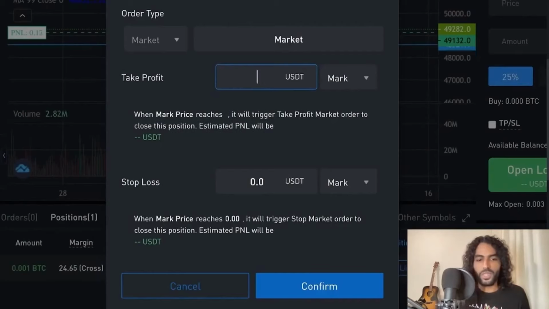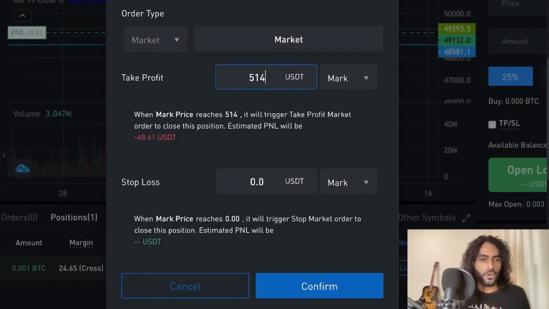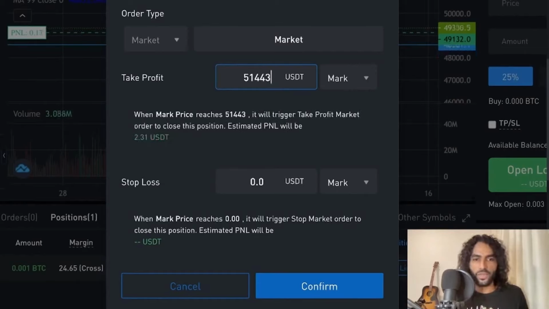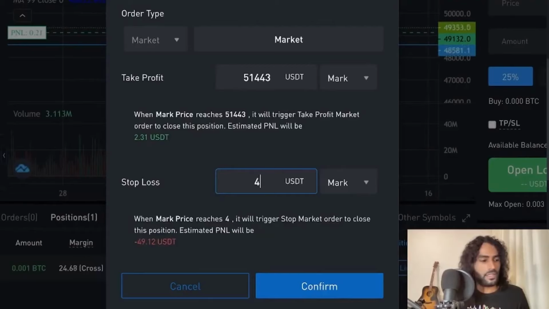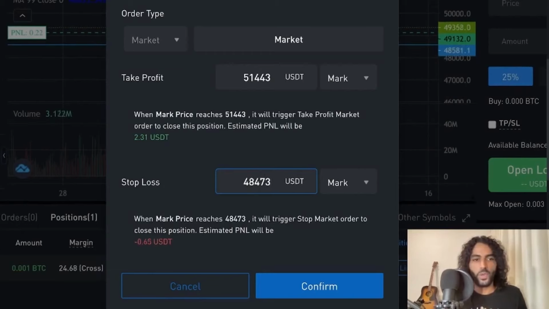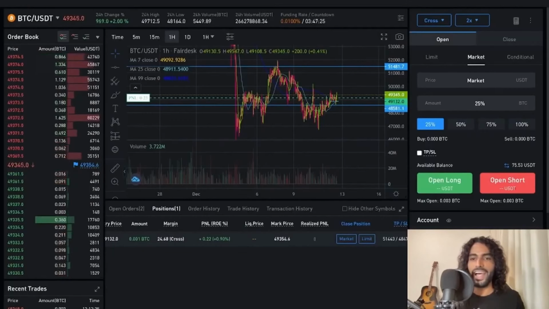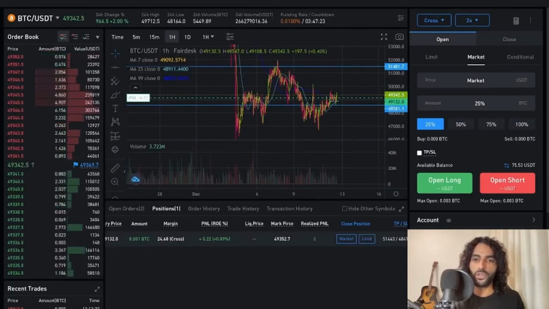It will be 51,443. Okay, and taking profit here, stop loss, let's say around the 48,473. Okay, so this is good for this one, and this is where we did a market order.